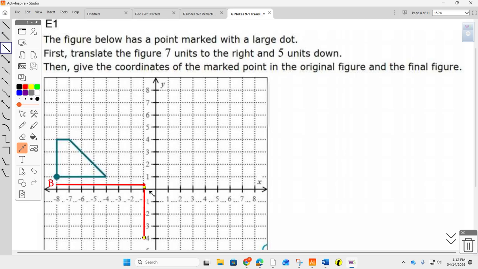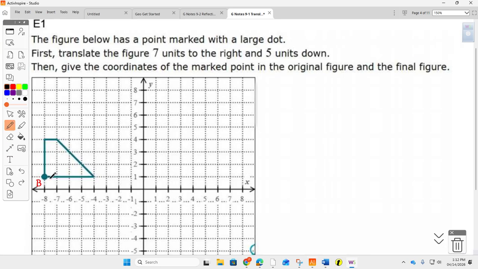That's 5. Yeah, I'm down. So over 7 brings us to here, and down 5 brings us to here. Thought it'd be cute with those arrows, but I was not cute. So we're going to name the image B prime. So we're going to give our ordered pair for B and our ordered pair for B prime.